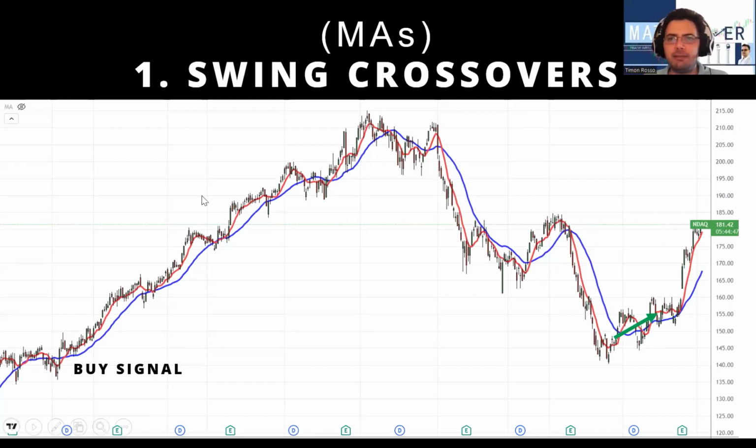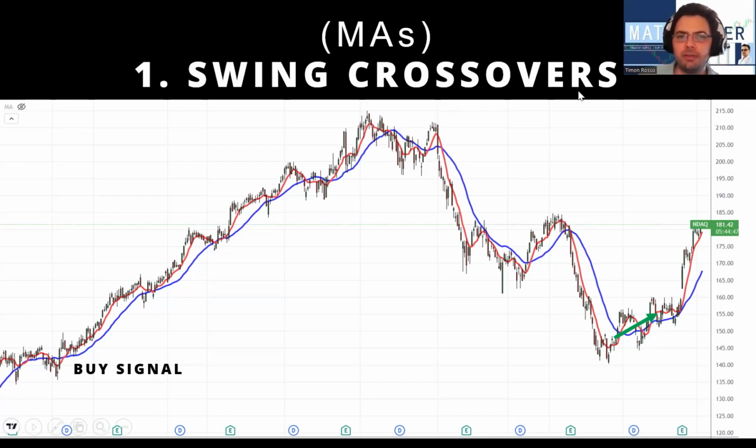And not just with moving averages. It can also be with one moving average: if the price closes above the moving average you go long, and if it closes below you go short. It's just constantly being in the market and swinging from long to short.